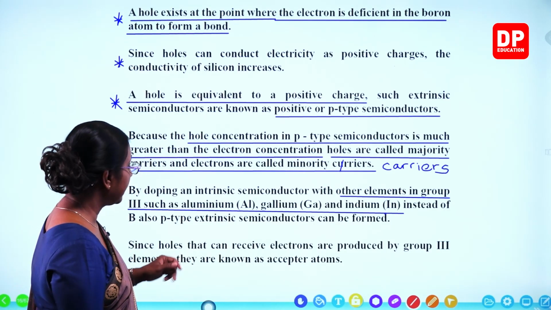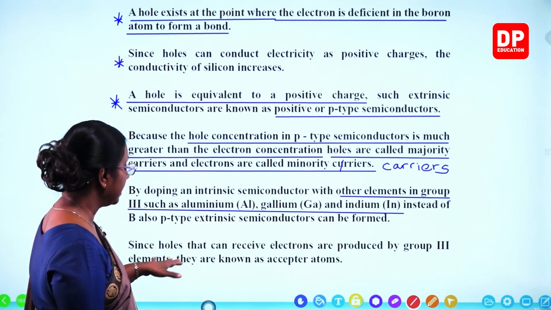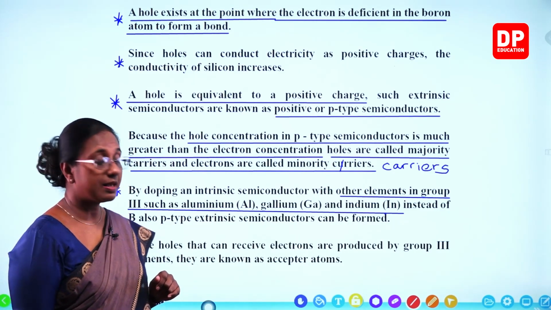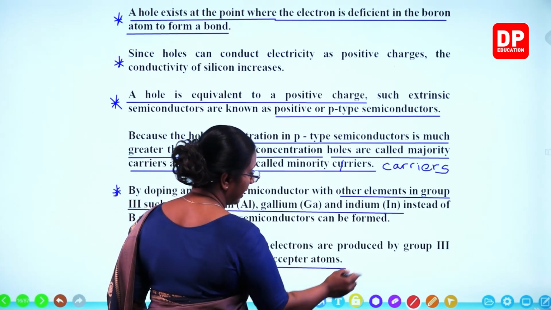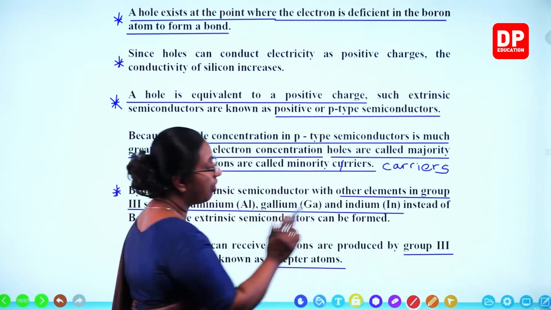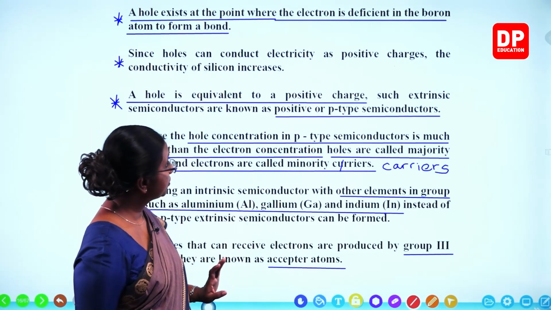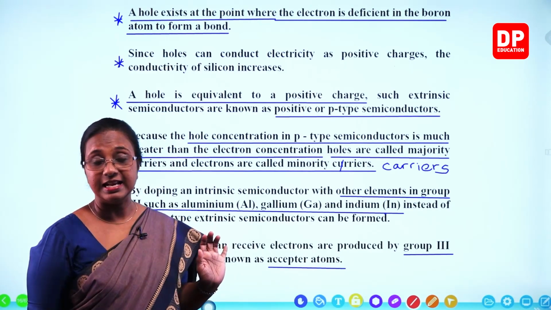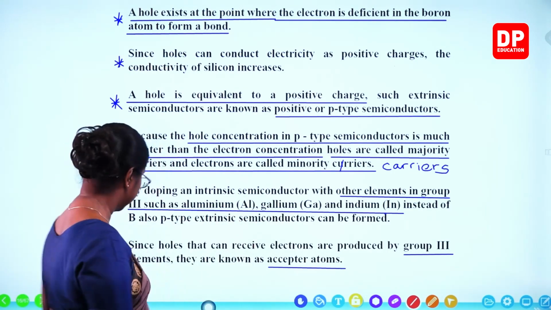Since holes that can receive electrons are produced by group 3 elements, they are known as acceptor atoms. So group 3 elements are known as acceptor atoms. All what I discussed with you all before. So I'm sure you can understand that clearly, students. So with that, I will move on to the next slide.